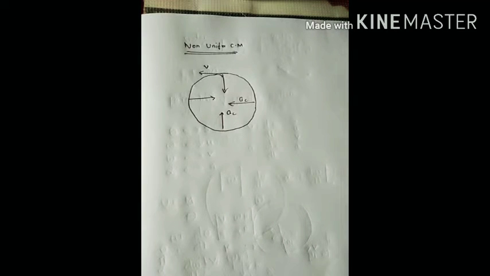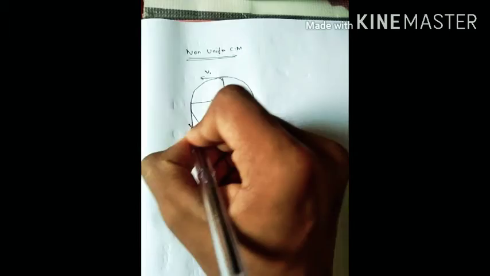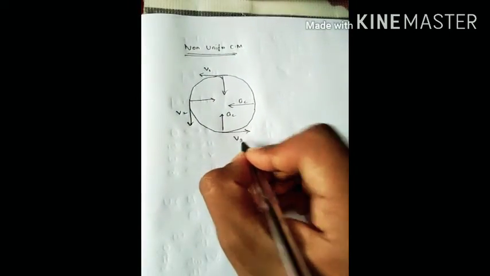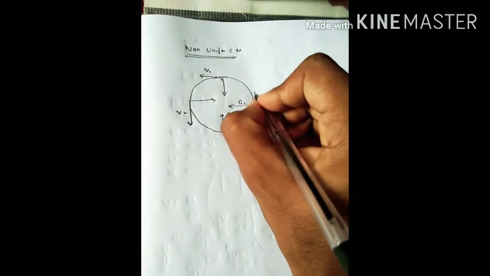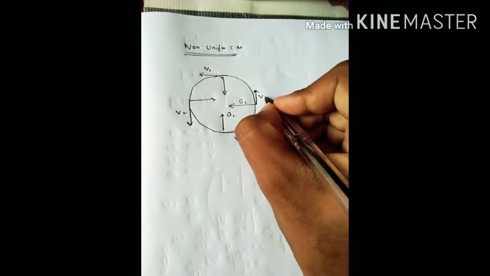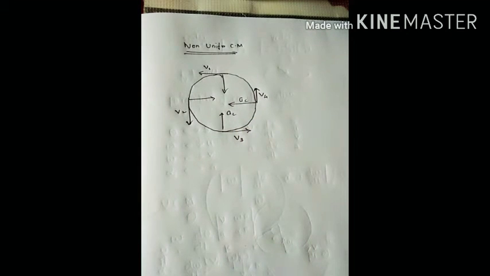Now what's the difference in non-uniform circular motion? The only thing is that uniform velocity does not exist. There is always a change in the velocity at each point. The velocity keeps on changing. In uniform circular motion, there is uniform speed, not velocity.